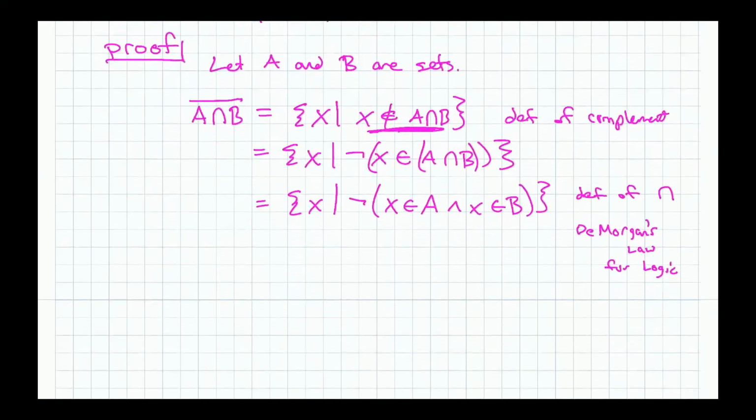If we apply De Morgan's law, we get the set of all x such that not X in A, not X in B, but the symbol flips. That's what De Morgan's law does. So the and turns into an or.